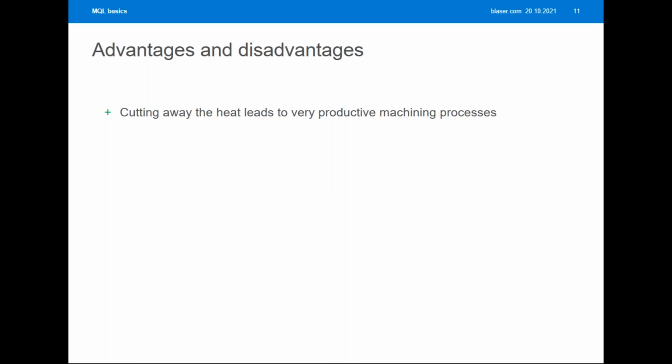So in the 1990s, over a span of 10 years with developing tools and machines and everything, he was able to increase the productivity by a factor 10, so 10 times as fast as in the beginning. But this was not only MQL, this was a development of new tools, of carbides and everything being brought into this equation.